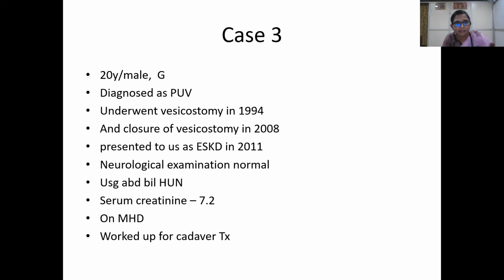Coming to case 3, a 20-year-old male diagnosed as PUV underwent vesicotomy in 1990. Just one moment. I'm just trying to see whether we can give a coherent explanation to what happened to case 2. Depending on how much the hydronephrosis is, let's say there's a mild bilateral hydronephrosis in this patient, it's difficult for me to explain the renal insufficiency in this patient based on the lower tract dysfunction, regardless of the presence of urgency in the history.